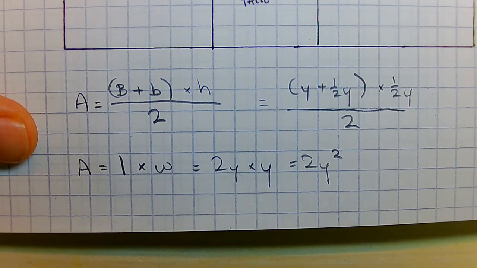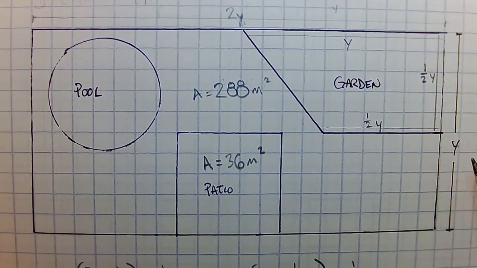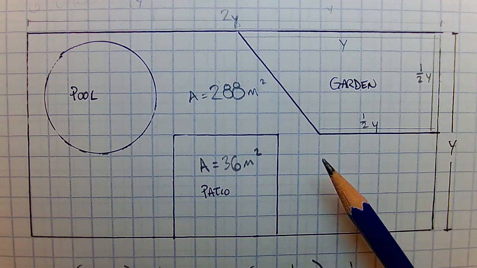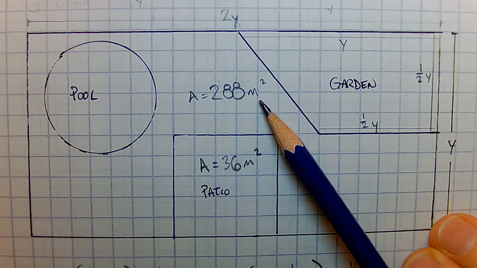Now the nice thing is, we know the formula for the area of this rectangle. If it has a short side with the distance y, our area is going to be 2y squared, and that's going to give us 288 meters squared.